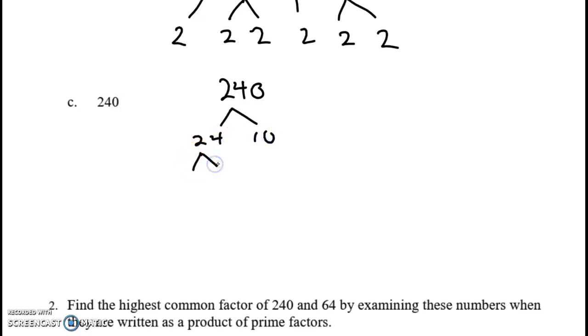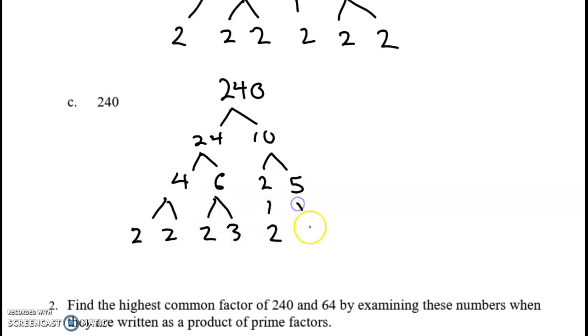Split that up, 24, we've already done a factor tree for 24. So I could do something similar, 4 and 6. And 10 is 2 and 5. Splitting this up again, that's 2, 2, 2, 3, 2 and 5.